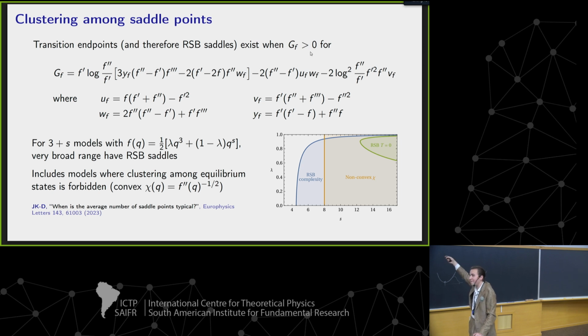But if it's totally convex, you have no levels of RSB possible, right?